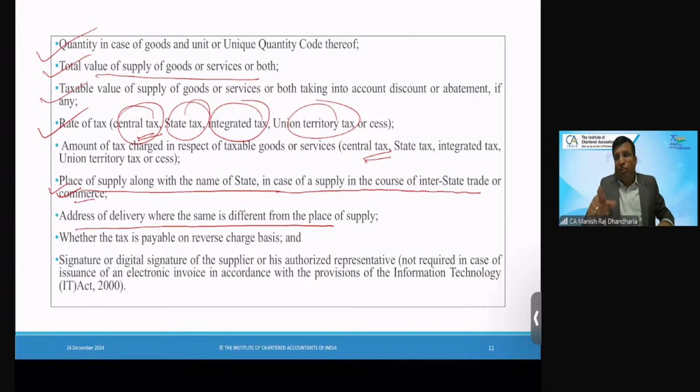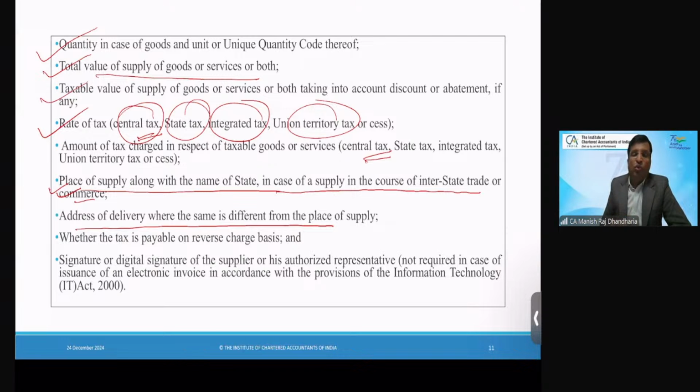Let me clear you. Bill to ship to, yes, someone gave the correct answer. Bill to ship to is a very good example. What happens, suppose I am selling goods to Mr. A in Gujarat, but he has instructed me to deliver these goods in Maharashtra to his customer.